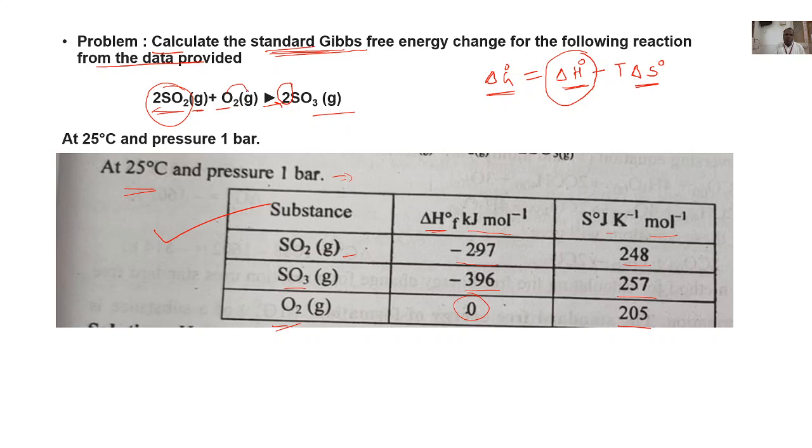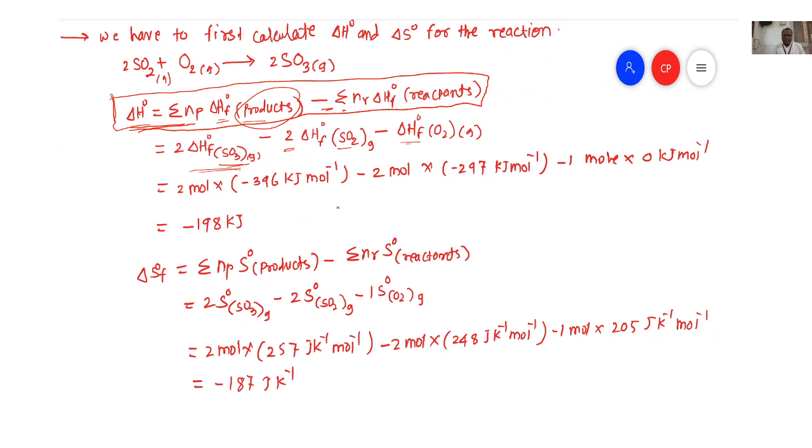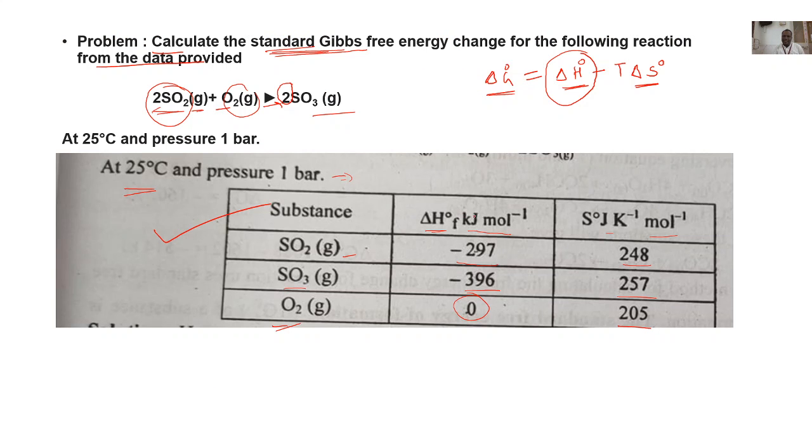This reactant O2, it is a summation for SO2 plus O2. Therefore, minus O2 delta H0 of F for O2, which is in the gaseous state. Therefore 2 moles of the product multiplied by the standard enthalpy of formation of SO3 gas, which is minus 396, the data is given.